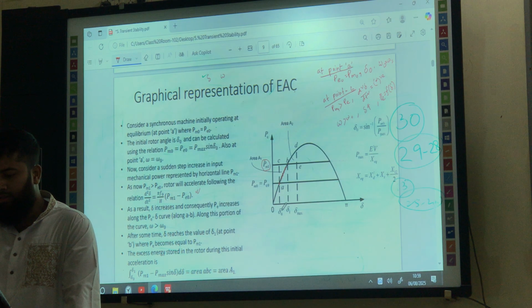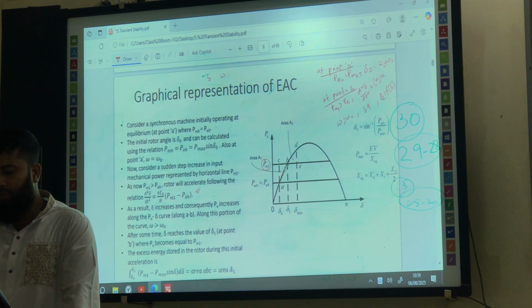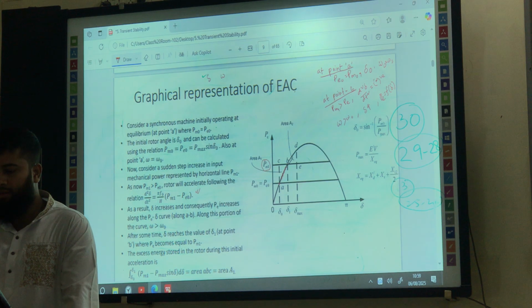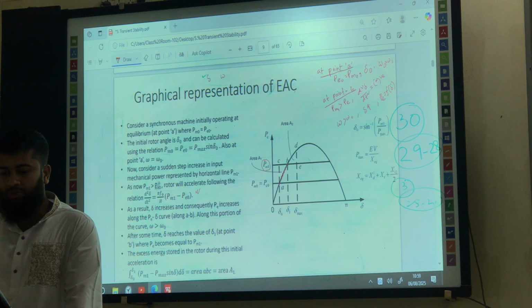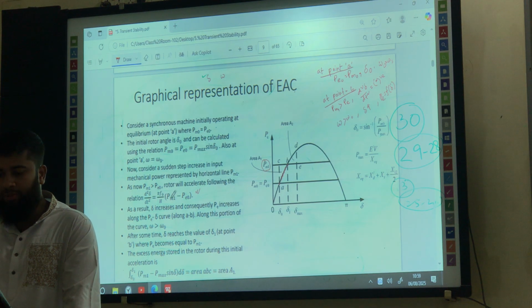Because in this journey, the delta is increasing, also the PE is increasing. Then at point B, we can see that actually the PM and PE are now equal, right? Well, according to this swing equation, we should get no acceleration here, right?